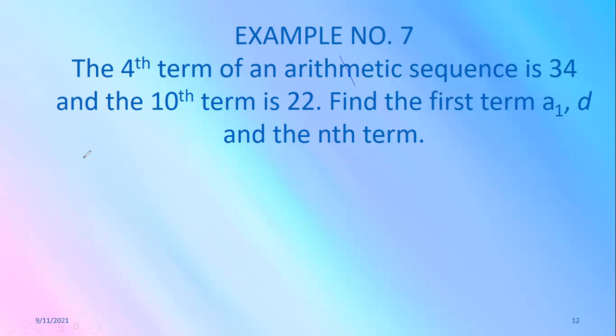List down all the given parameters. Our fourth term is equal to 34, and the 10th term is equal to 22. You're asked to find the first term, the common difference, and the nth term.